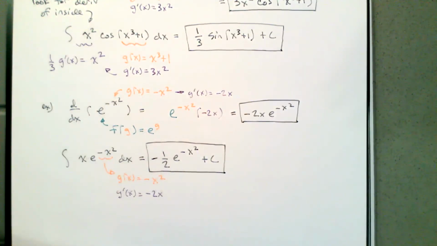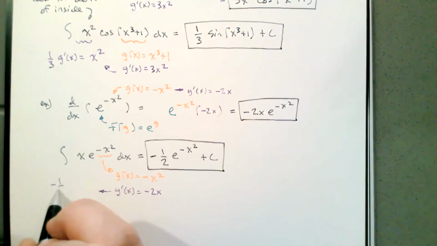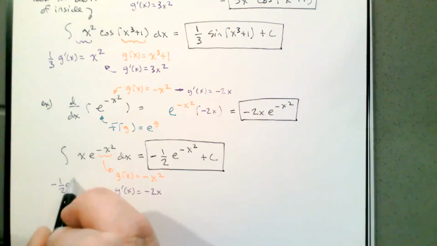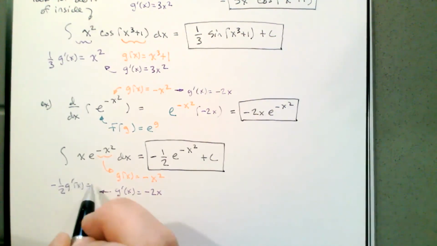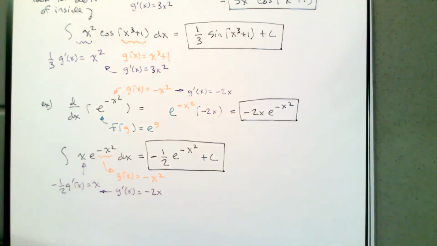We look at the piece that we have and it's just x, but minus 2 is just a constant factor. So I can multiply by a negative 1/2. Negative 1/2 g prime of x is x. And that's what we were looking for. So that x is just there to be the derivative of the inside. That's what makes this substitution work.